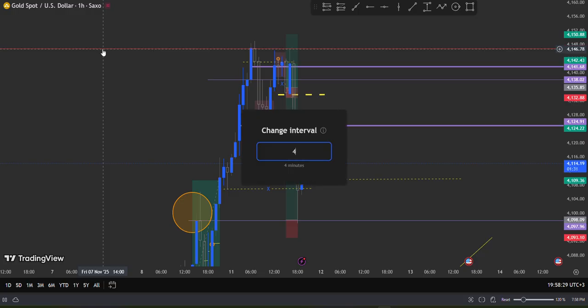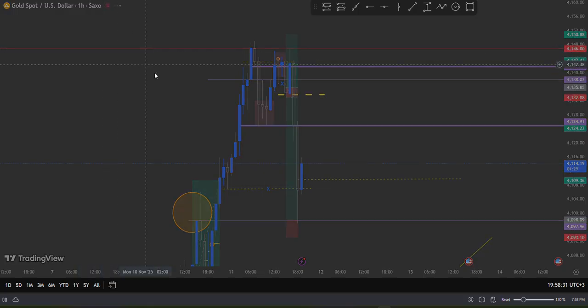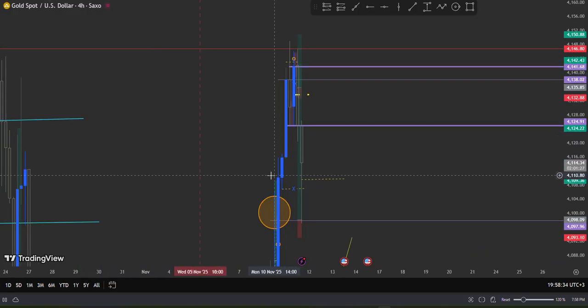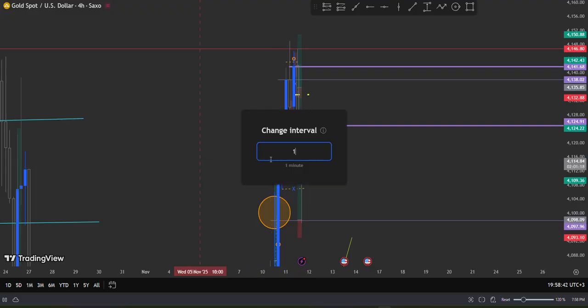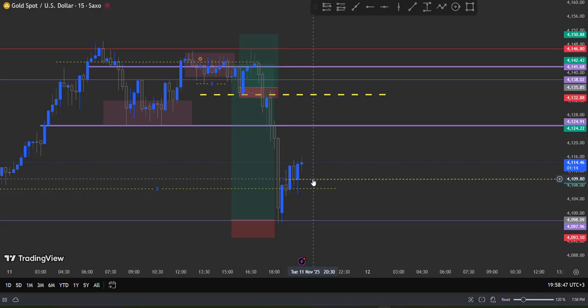Let me go to H4. It's in line with this zone here. Let me go to 15 and see. So all that we are confirming, it's here. This zone may be this zone, because this zone is available in 30 minutes and 15.